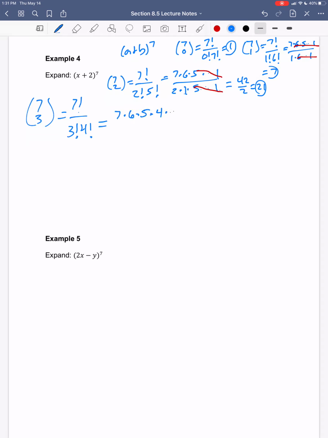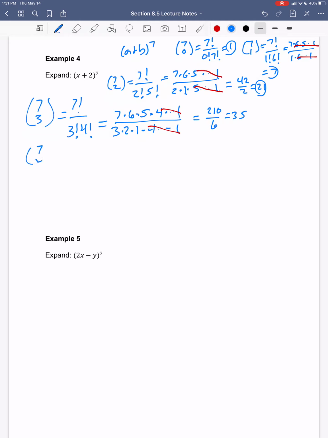Now this is 4 factorial on the way down. So I'm going to get 3 times 2 times 1, but then 4 on down. Right? And that stuff cancels. So I'm going to be left with 7 times 6 times 5. That's going to be 210 over 6, which is just 35.